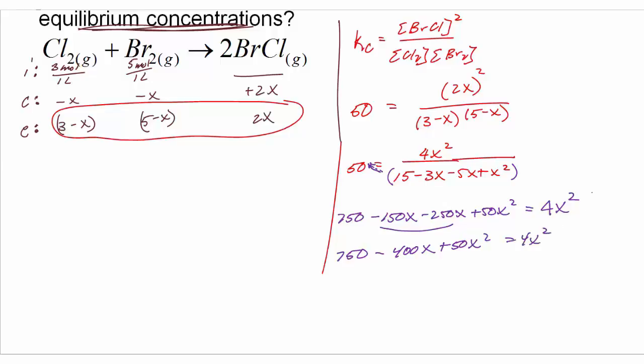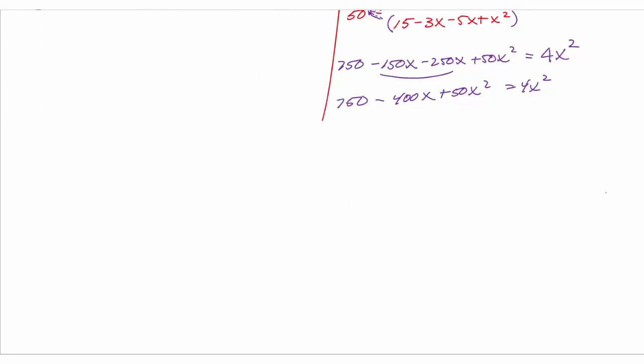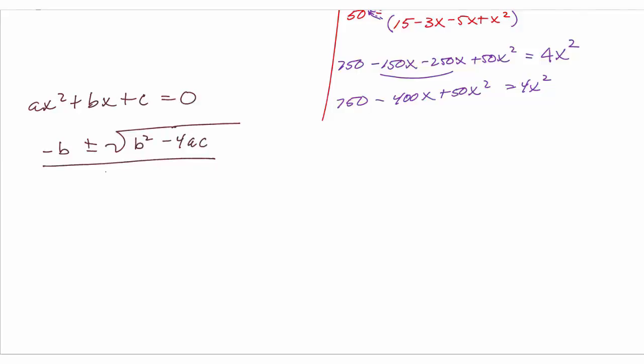Now I need to get things in the form of the quadratic formula. Do you remember that? The quadratic formula looks like this. ax squared plus bx plus c equals 0. And I'll have negative b as solutions, plus or minus the square root of b squared minus 4ac, all over 2a.